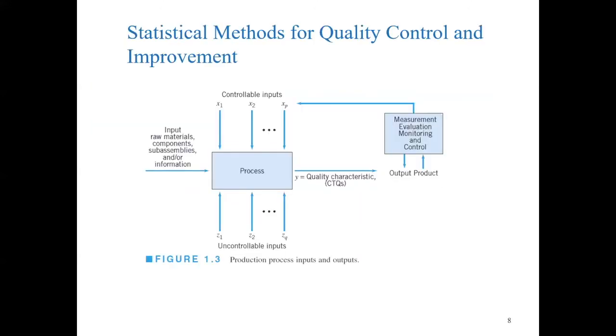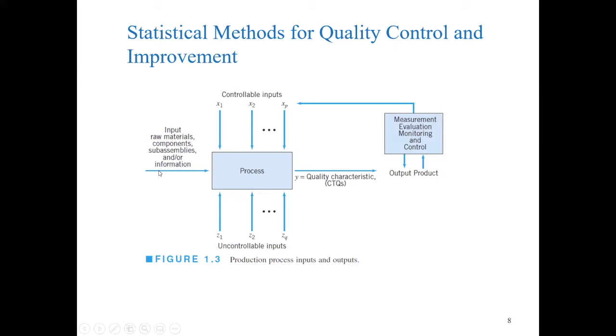Statistical methods have been introduced in the field of quality control at different points of the production process. The production process mainly has input parameters, which can be raw materials, components, assemblies, and also in service processes, it could be information.